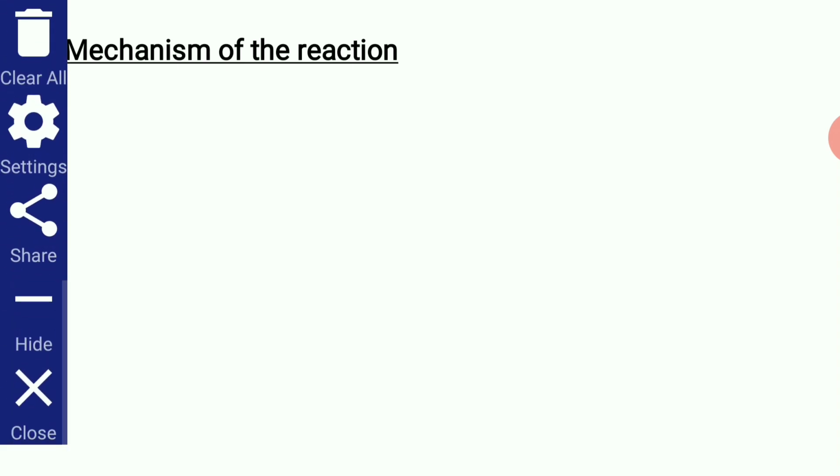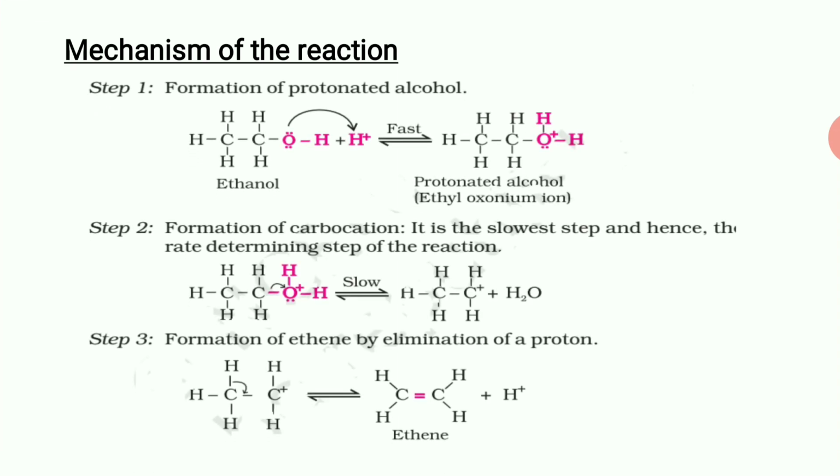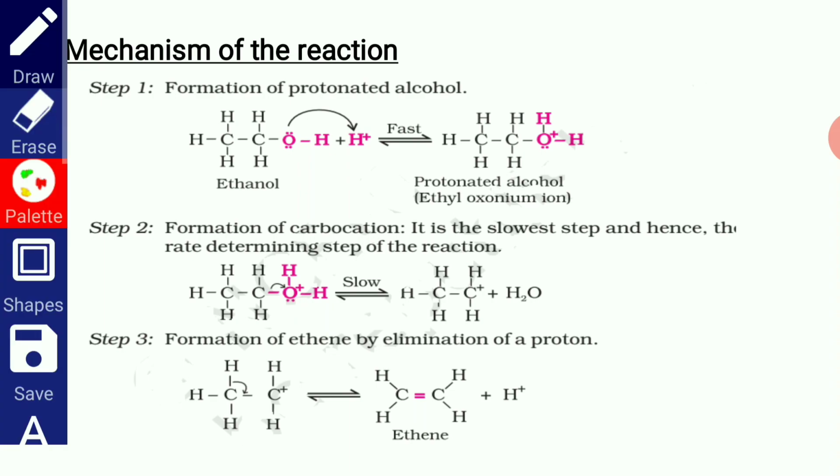The mechanism of the reaction is very important from the examination point of view. The mechanism is carried out in three main steps. In the first step, the oxygen of the alcohol, which is rich in electrons, will attack the hydrogen ion which is liberated from the acid.